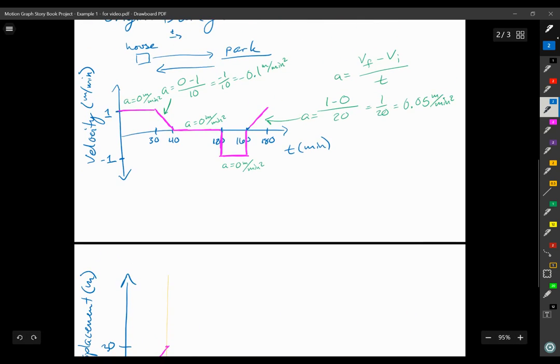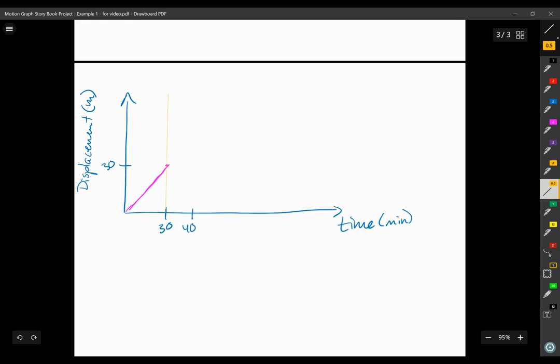Okay, so now we have a slope for our velocity. That means we're starting at 1, ending up at 0. That means our displacement time graph has to be curved. Our velocity is changing that entire time. So, there we go. That's where my section is going to end.